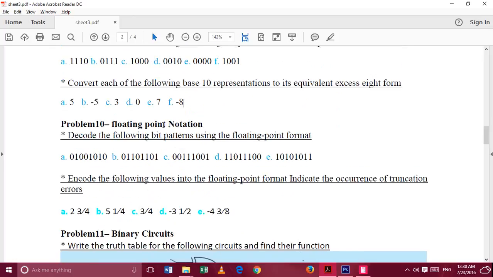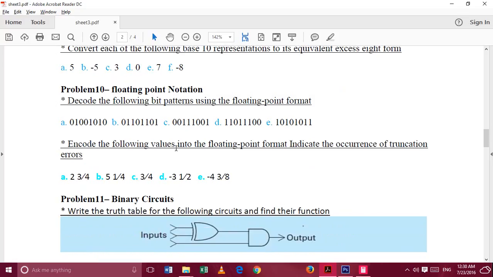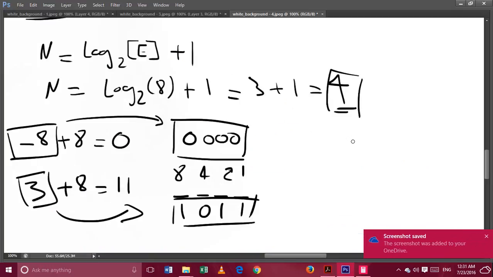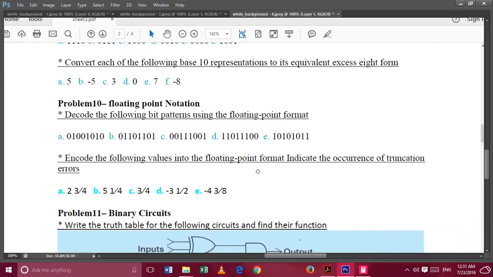Okay. We're almost done. Floating points. So we need to decode these floating point patterns using the floating point format. Let's say we will do this pattern right here, right? You copy this, and I'm going to paste it here.